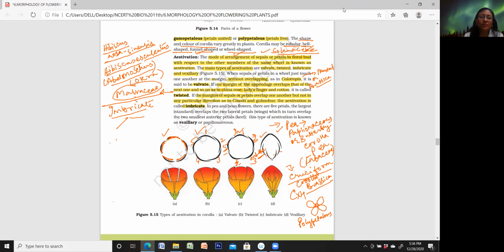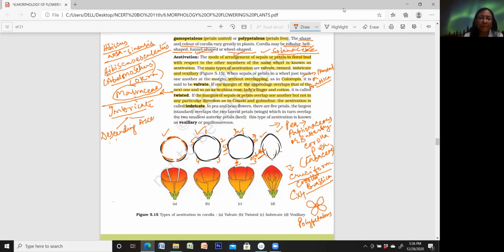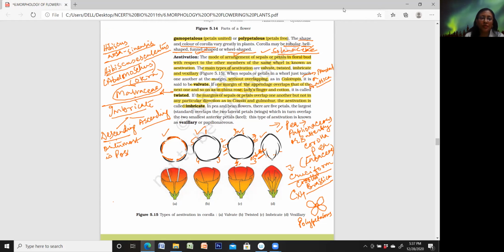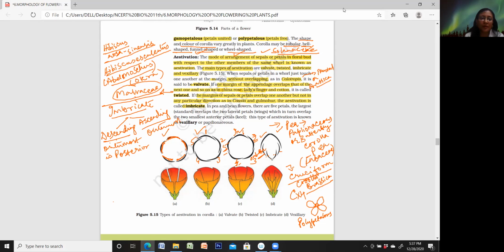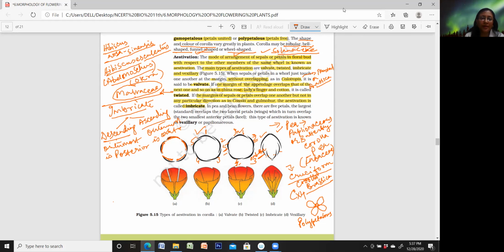So imbricate is of two types, descending and ascending, depending on the outermost petal. If the outermost is posterior, it's descending. And if the outermost is the anterior petal, then you call it ascending. For ascending, the example is Cassia, as given here in NCERT, Cassia, Gulmohar.